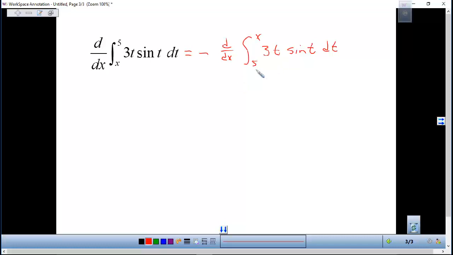Yes, it is. So in that case, this is going to fit the fundamental theorem now, but don't forget this minus out here. So we've got negative, and then we're just going to plug that x in everywhere we have a t inside. So 3x sine x. And that is our answer using the fundamental theorem.